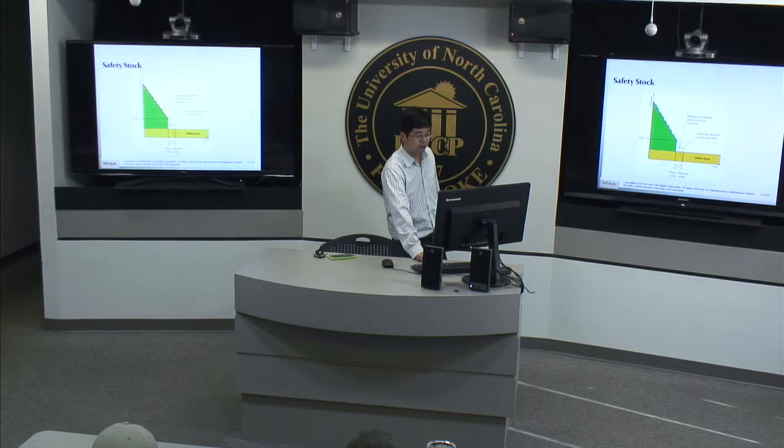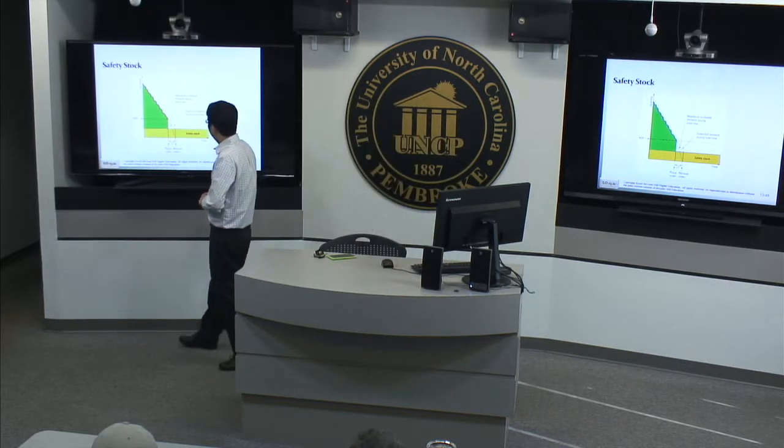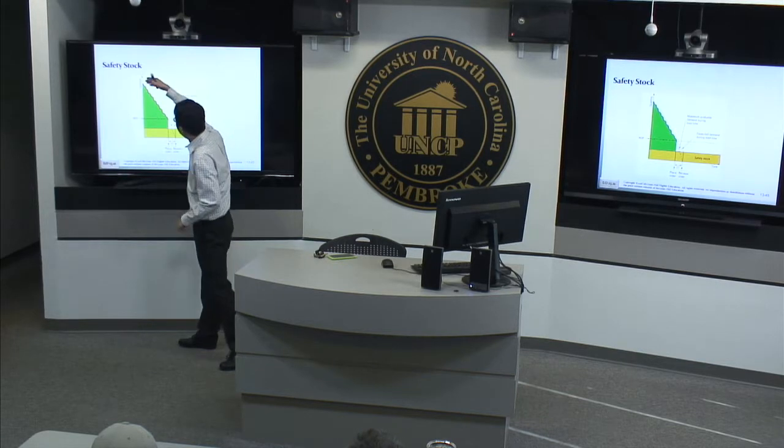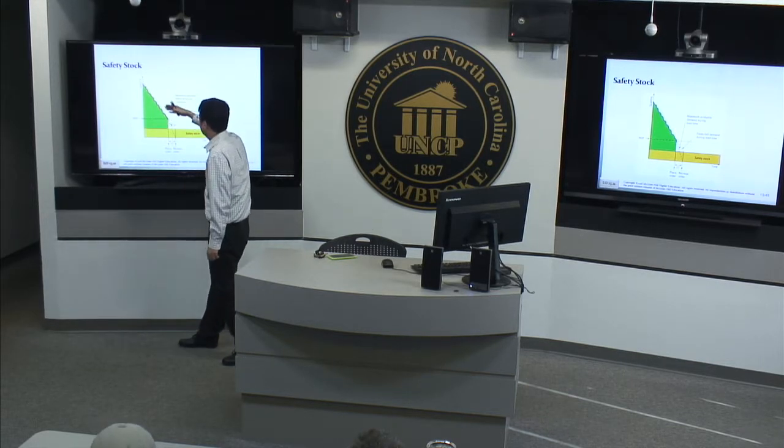Okay. So this is a graph to show the safety stock, right? You think about EOQ, that's a straight line. Demand is constant, we know that for sure. That's a reorder point for EOQ.